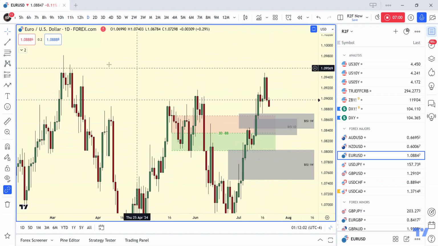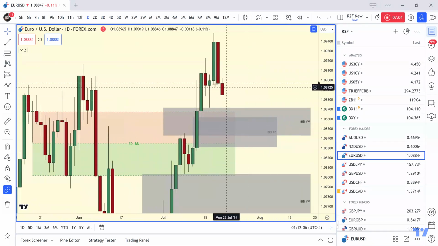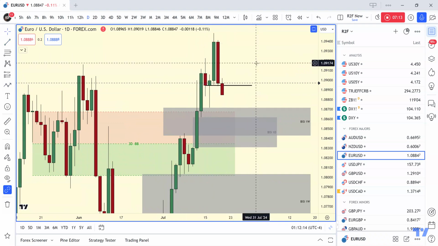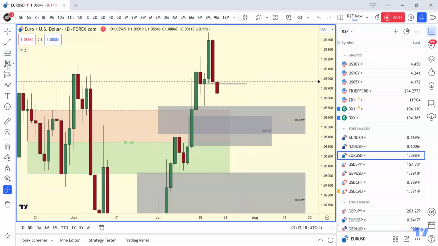So we came here, created this relative equal highs that should be taken out as well. On the daily, we got a breaker here. So watch for yourself on Monday, right? That's what I'm going to predict, possibly, if we don't gap or anything weird like that. Monday, price trades up into this breaker and then trades down into here.